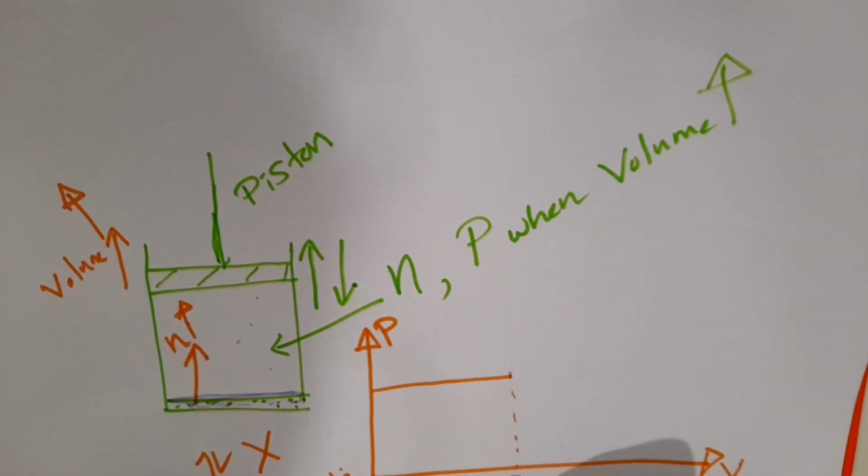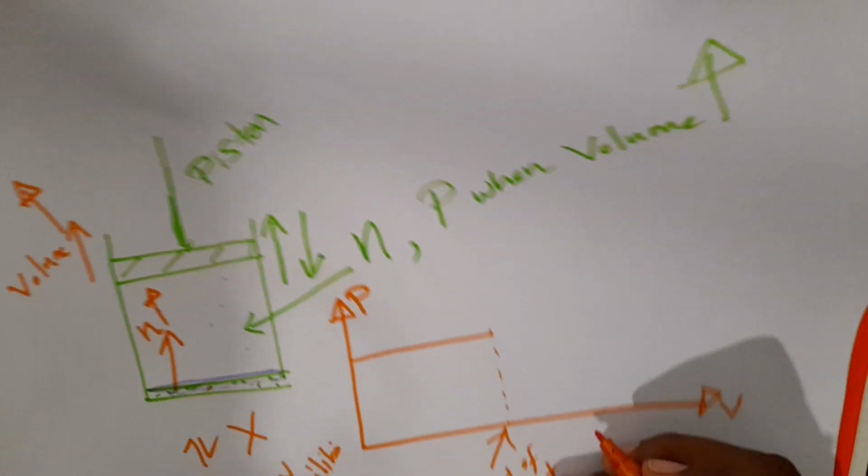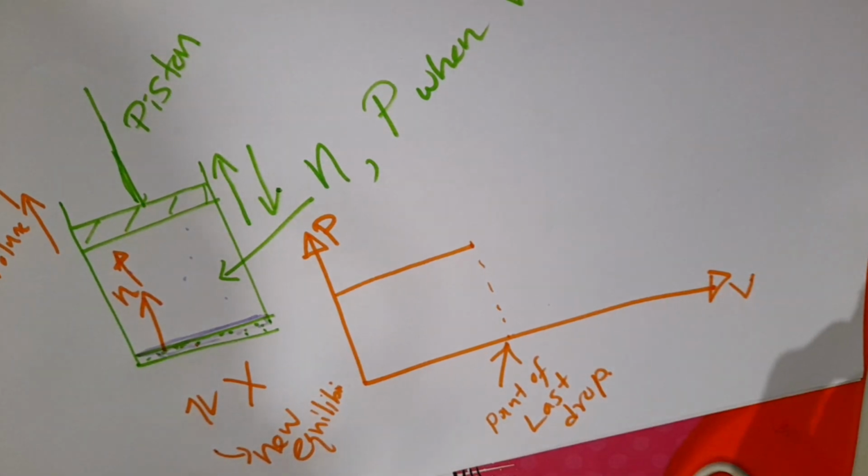So this graph can be plotted up to the evaporation of the last liquid drop when increasing the volume. So after that, how will this graph look?